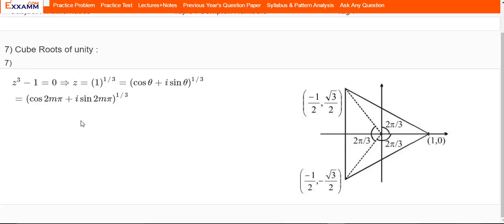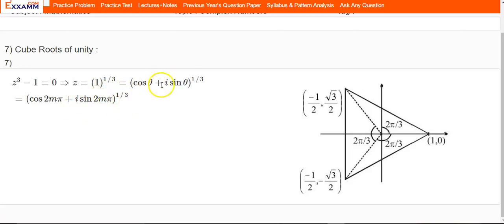And how do we write 1 in the form of cos theta and sin theta? It is cos 0 plus i sin 0, and if we add 2m pi in this, because no matter how many multiples of 2 pi we add, the value will remain the same, we will get (cos 2m pi plus i sin 2m pi) to the power 1 by 3.